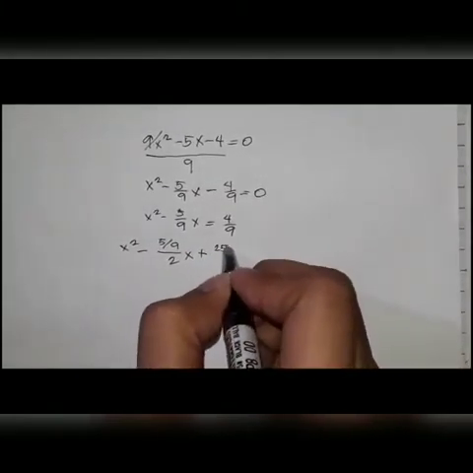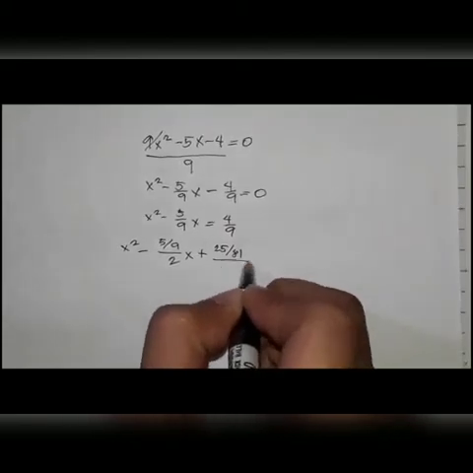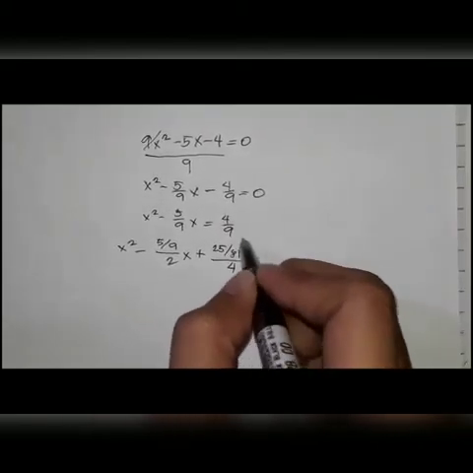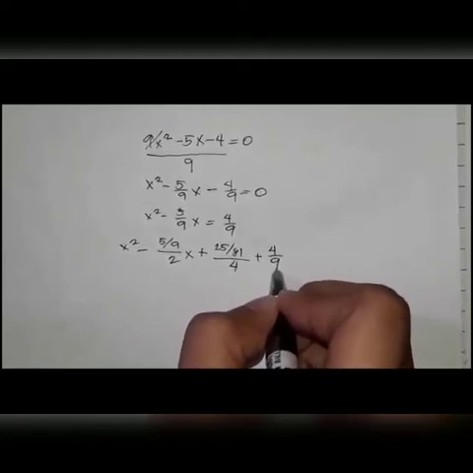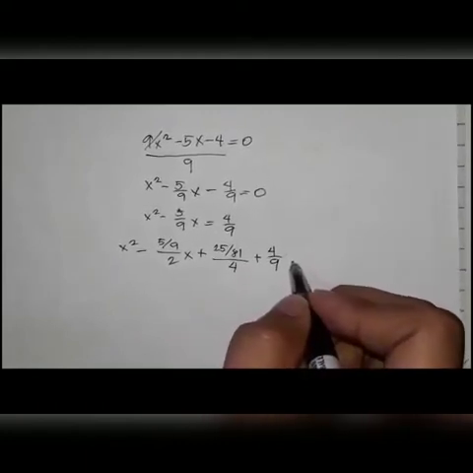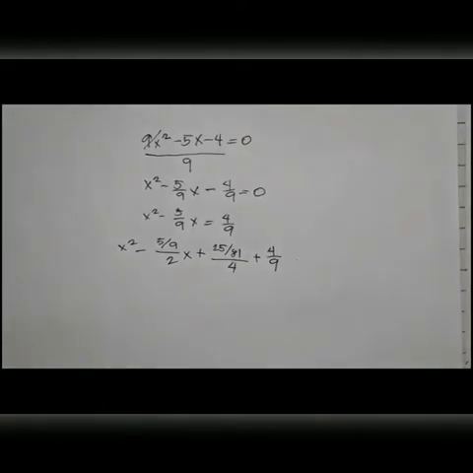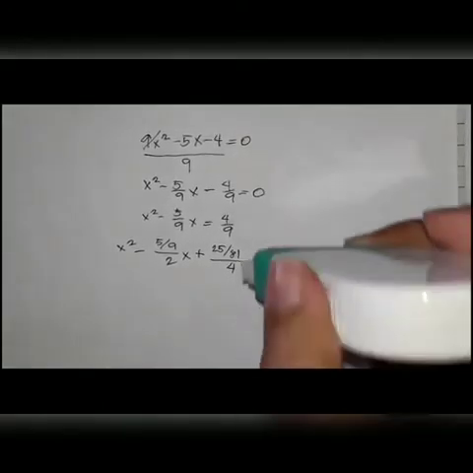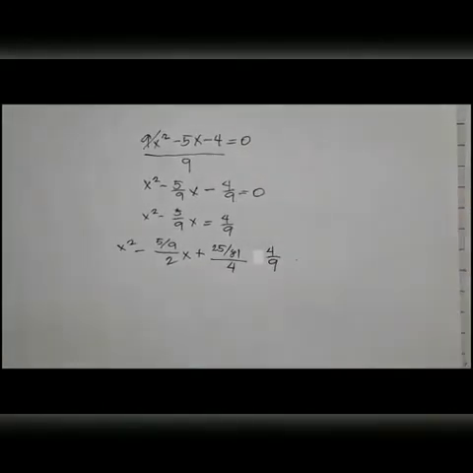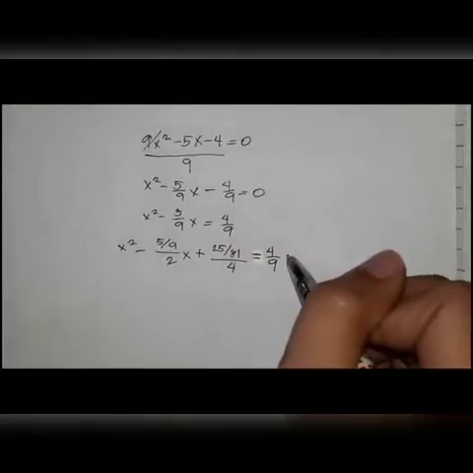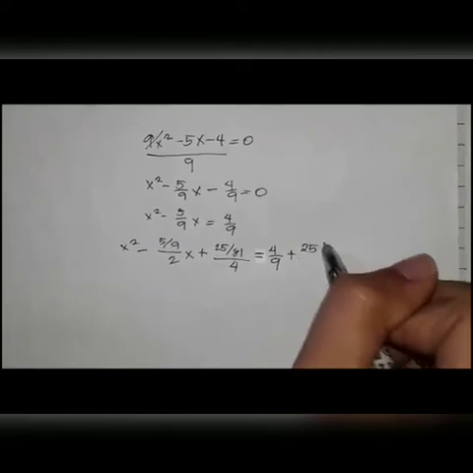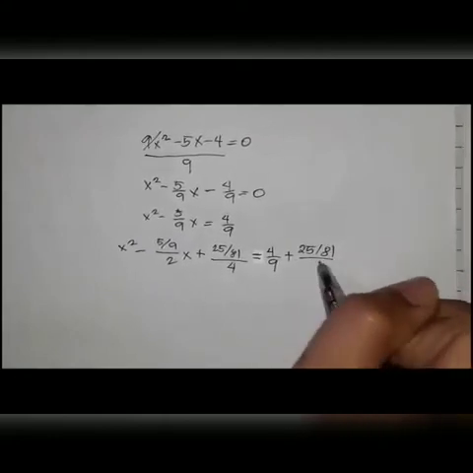This is 25 over 81 over 4. I'm sorry, my mistake, this should be equals 4 over 9 plus the 25 over 81 over 4.